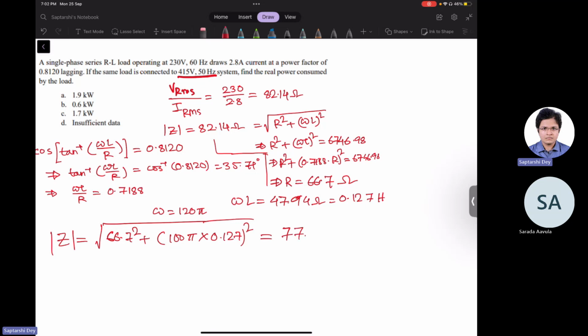Definitely the frequency reduces, so the impedance reduces. It's an RL circuit. This is the new impedance.